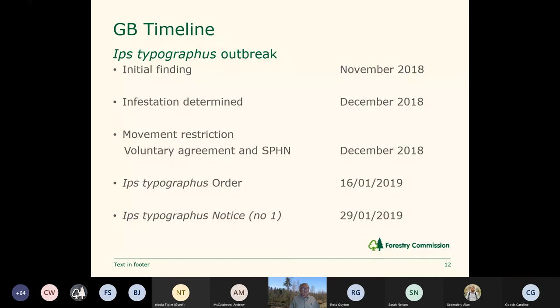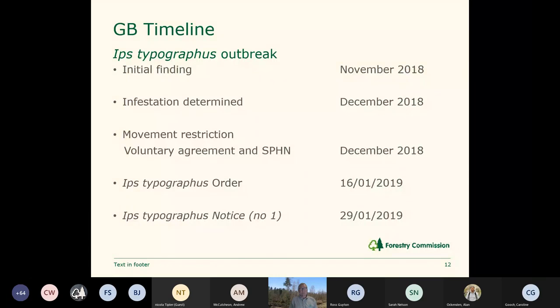We had engagement with landowners around the outbreak site, and that was followed up by formal legal statutory plant health notices, which restricted further movement of that material.